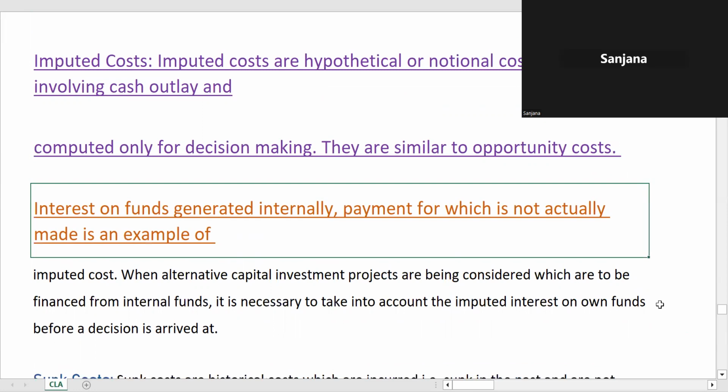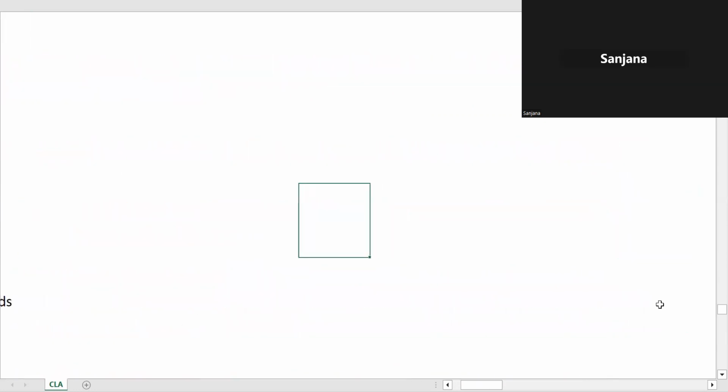Say, for example, whatever funds we are getting, and we want to invest these funds. We will think about what the interest on these funds is. Why will we think about that? So that we can do a better job than that.